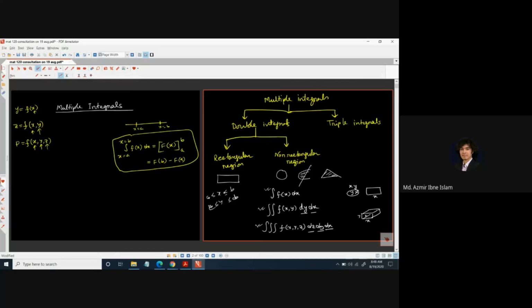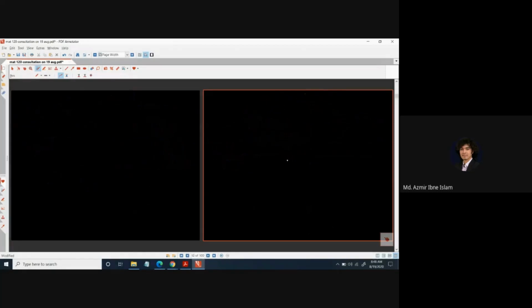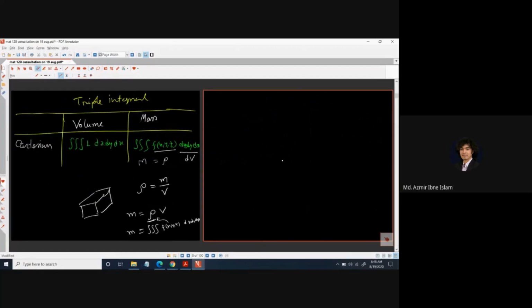That means the lower limit of x is a, the upper limit of x is b, the lower limit of y is c, the upper limit of y is d. These a, b, c, d are real numbers. By this you will understand that this is a rectangular region. But for non-rectangular regions, instead of constant values, you will have a function. So that is a non-rectangular region.